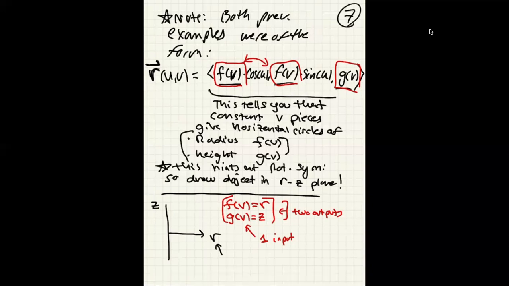In example 2, we had R equals v, Z equals v squared, and this gives that parabola that opens up like this. This parametrizes that parabola, and really the object we got was swinging it around. And in example 1, we had R equal to 1 and Z equal to v. And if you look in the RZ plane, in fact, here, I'll do it to match the color.